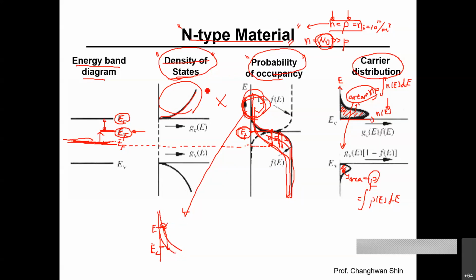Originally in pure silicon material it was 0.01, but now in N-type material, instead of 0.01, that would be 0.1, so 10 times higher. More electrons can be found. Where? At this energy state, maybe here, E1. So the final curve shape in the conduction band would be much bigger. Compared against what? Compared against the original one.